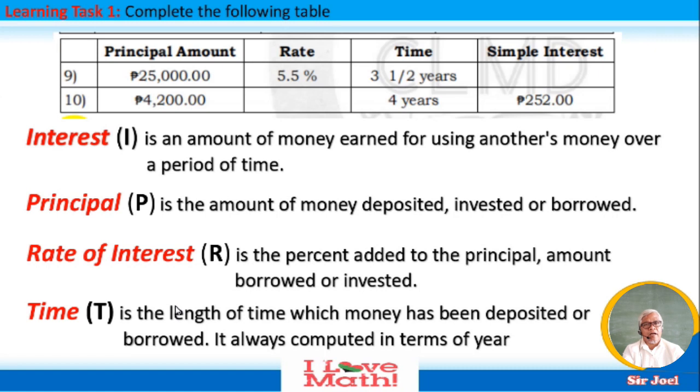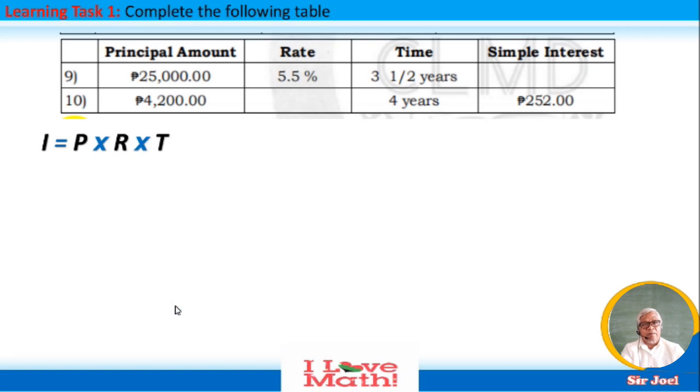Pero kung ito ay naka-year na, wala nang magiging problema. Okay? Now, sabi natin, pag interest, ito ay equivalent to P times R times T. Ibig sabihin, interest is equivalent to principal amount times rate times time.